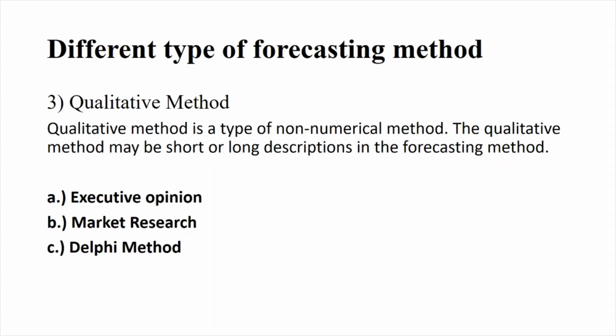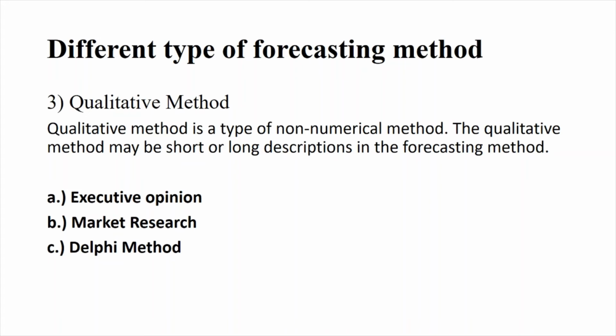Next is the qualitative method. Basically, the qualitative method is a non-numerical method, and it may be a short or long description in forecasting. First, executive opinion. So what is executive opinion? This type of forecasting is used when an organization wants to launch new products in the market.